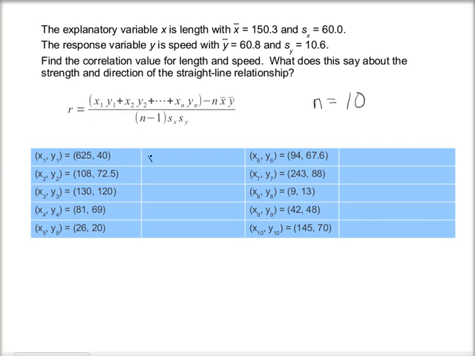So first I'm going to look for x1 times y1, which is 625 times 40, is 25,000.